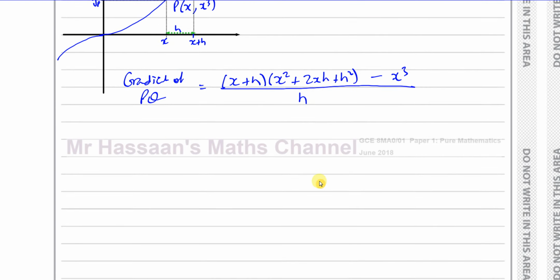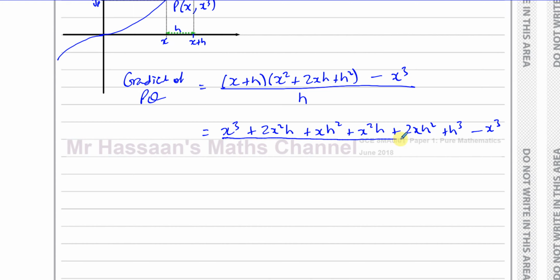Now I'm going to expand this bracket. So I have x cubed plus 2x squared h plus xh squared. So I multiplied x with these 3, now h with these 3, plus x squared h plus 2xh squared plus h cubed. Then I've got minus x cubed from there, and all of that is over h.